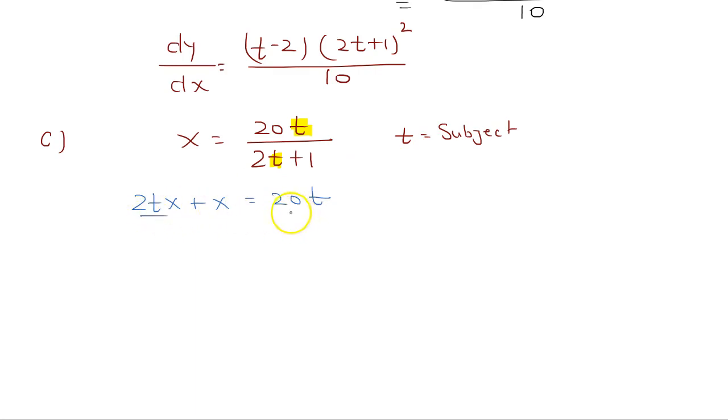Now we have t on this side, so x is equal to 20t minus 2xt.